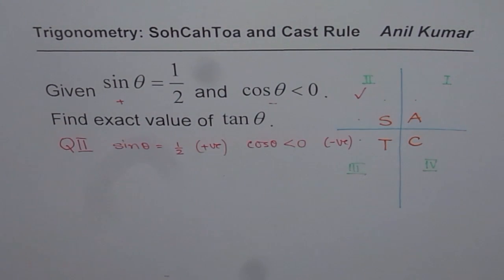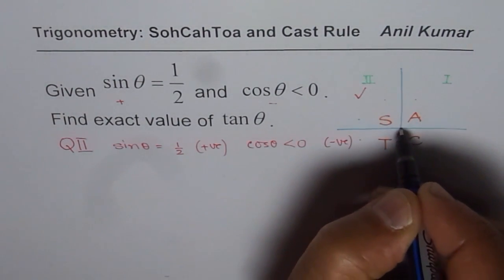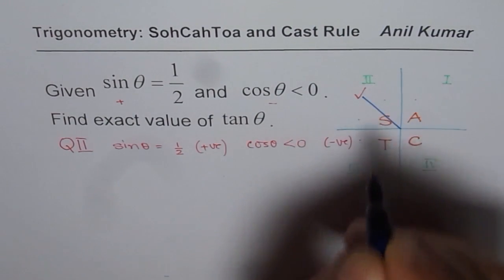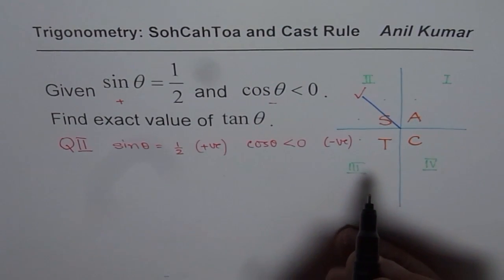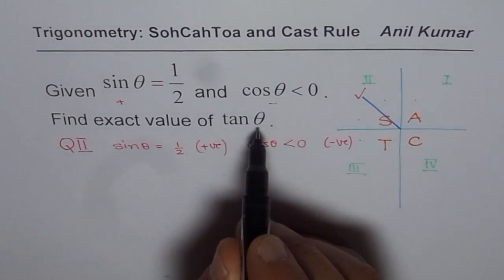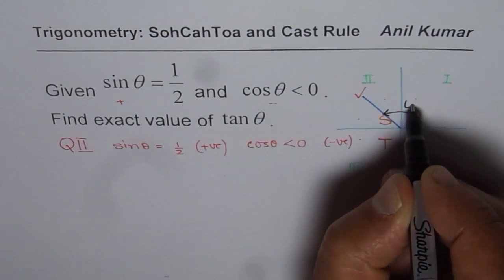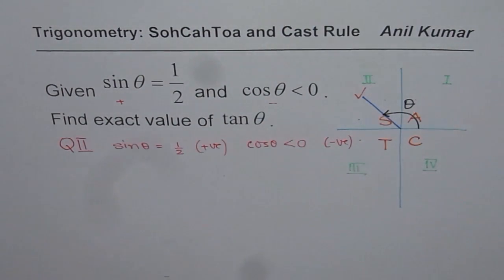This angle which we are talking about is the principal angle, correct? So our angle is somewhere here. I'm just drawing a line at random. So the principal angle theta is in quadrant 2. I hope that this explains our situation.